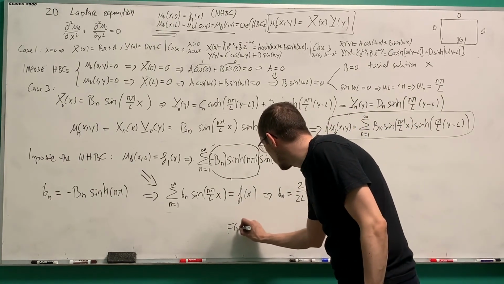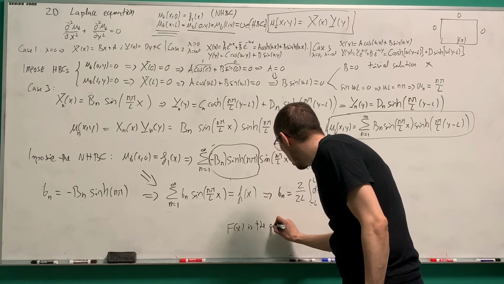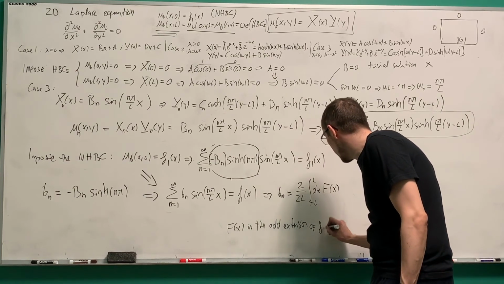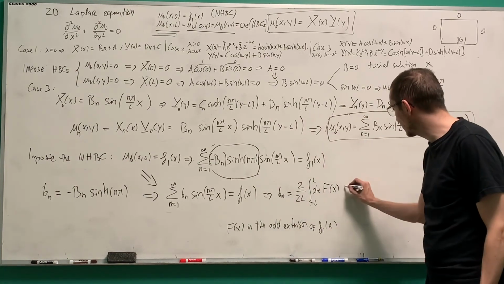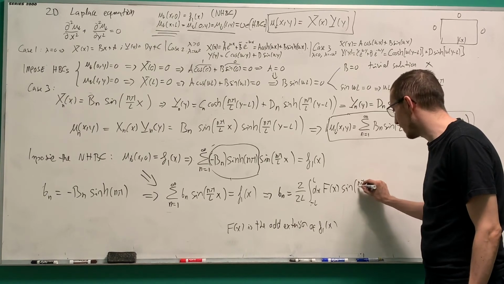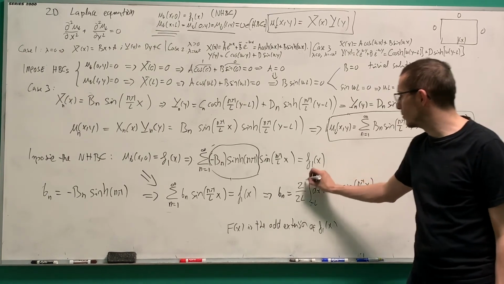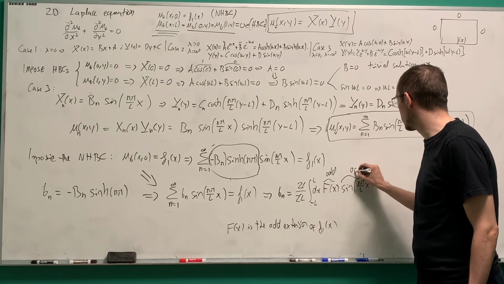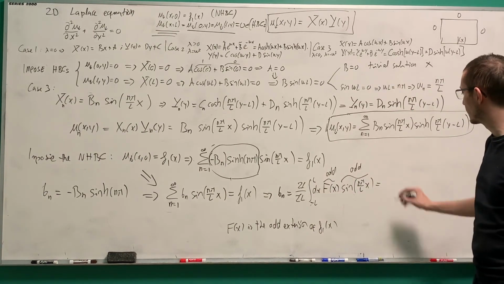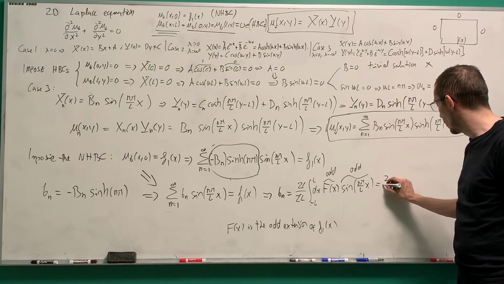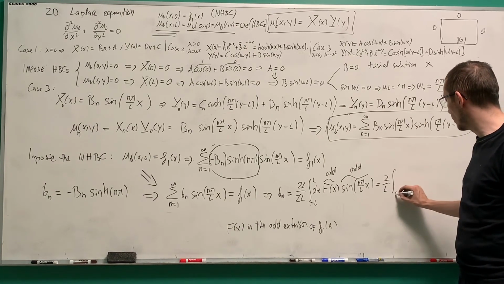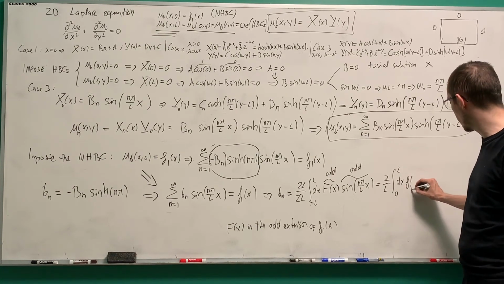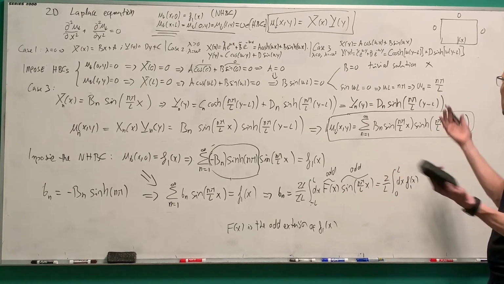So let's say f of x is the odd extension of f1 of x, all right, times the sine of n pi x over L. All right, the 2's cancel, but this is again odd because it's an odd extension, and this is odd because it's a sine. So we get twice. So again, we get 2 over L, the integral from 0 to L dx of f1 of x, because from 0 to L, that's exactly what the function is.